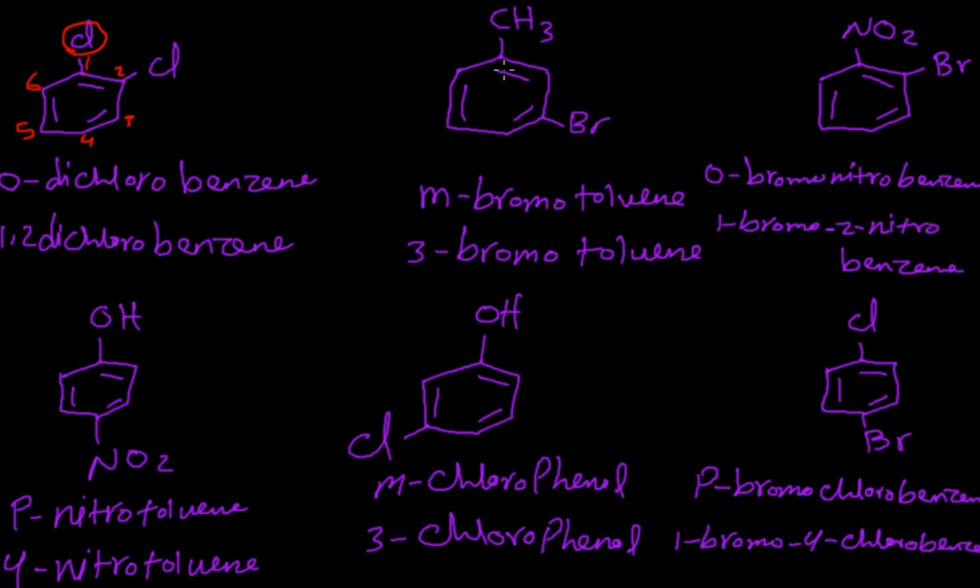What about this compound? We have a methyl group here and we have a bromine atom. You can say the bromine atom is alphabetically first before the methyl group, but the parent compound here is not benzene, it's toluene. So you have to take into account that this is the parent compound, not the benzene itself. So when you number, you have to number from the carbon which carries the methyl group.